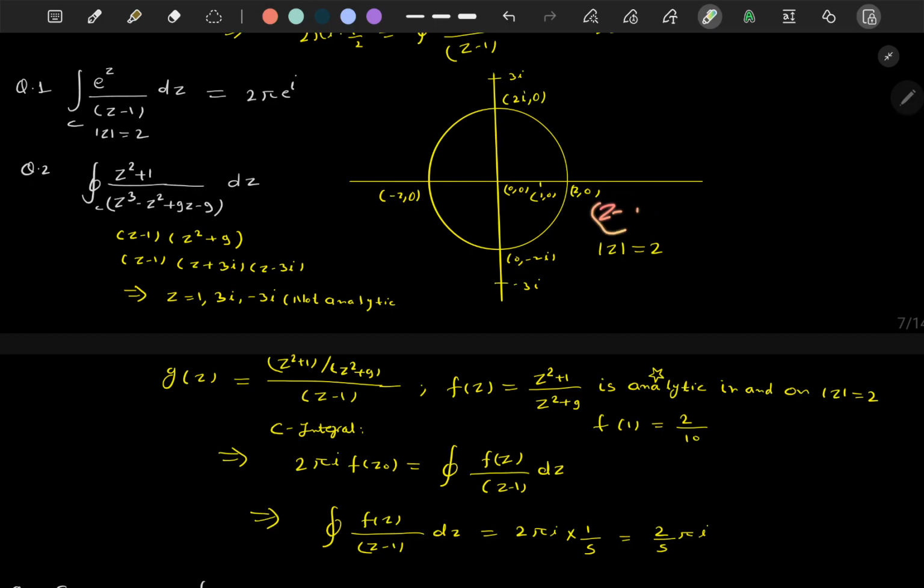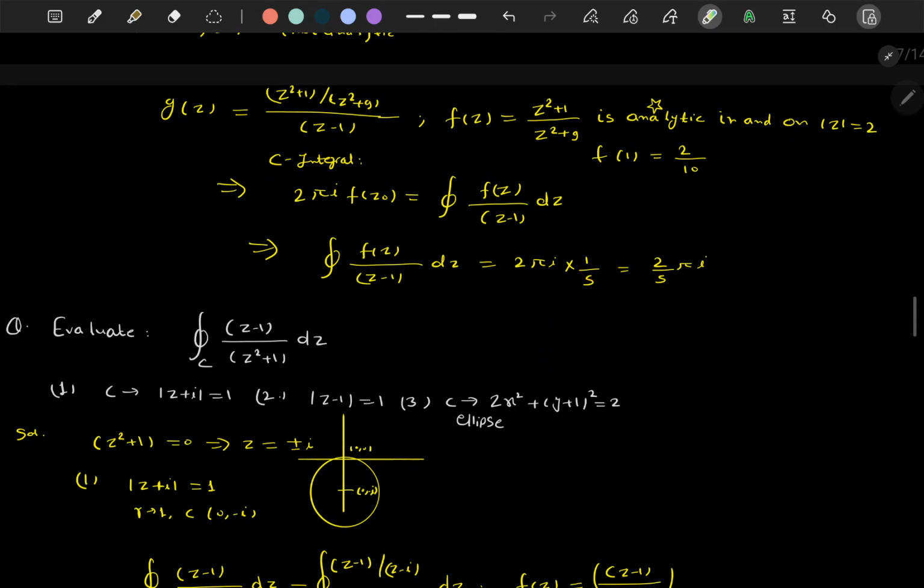So z minus 1 will be in the denominator and all other factors will be in the numerator. So z square plus 1 by z square plus 9 will be the function of z. When you solve it, by the Cauchy integral formula, 2 pi iota f of z naught, simply put it here and it will be our answer.